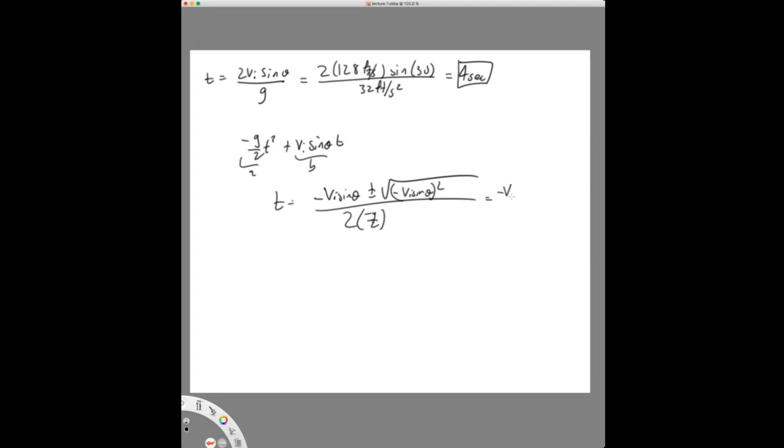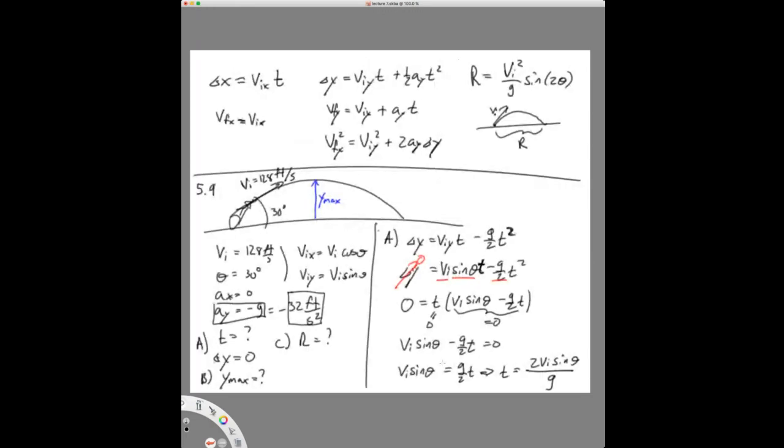So you get minus v_i sine of theta plus or minus v_i sine of theta, over negative g. Why I'm going through and showing this is you've seen it in your work, but other students will see. If I pick the plus sign, I just get 0, which, remember, was one of my answers, but it's not the one I want.